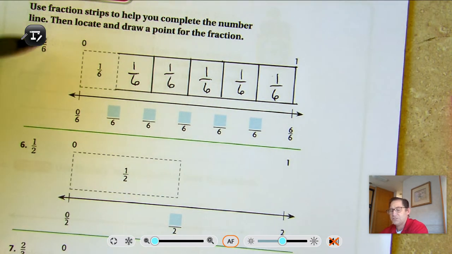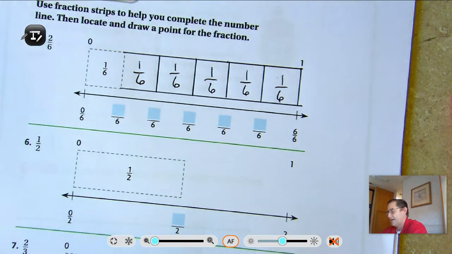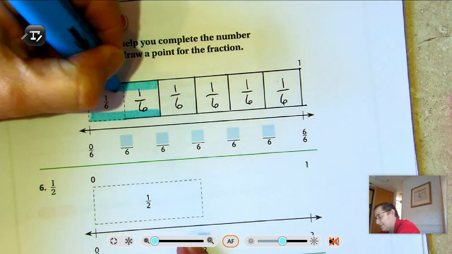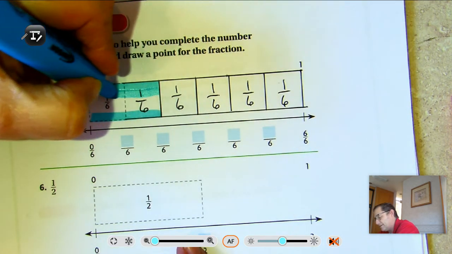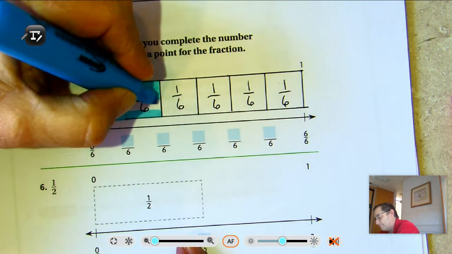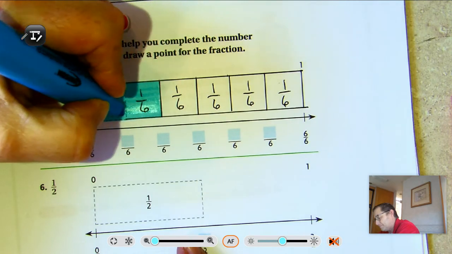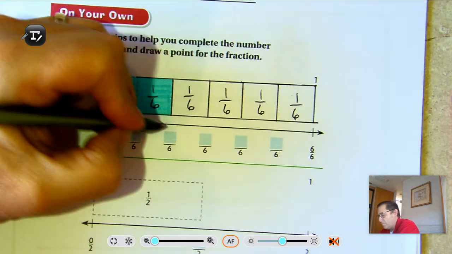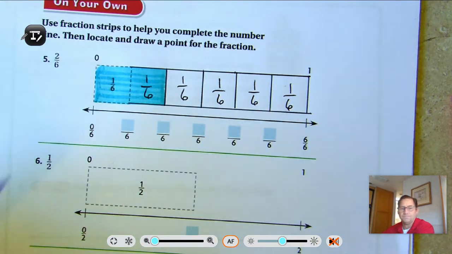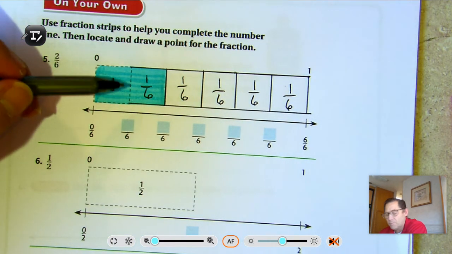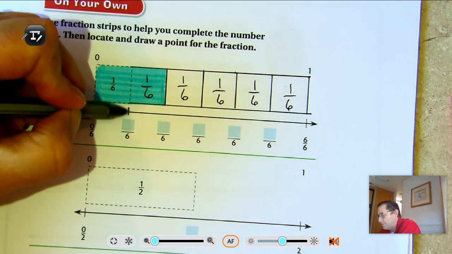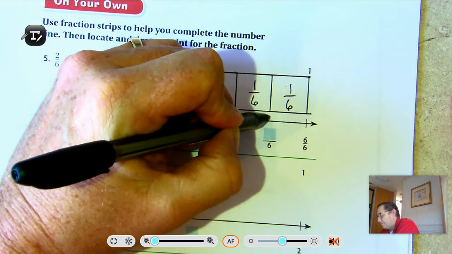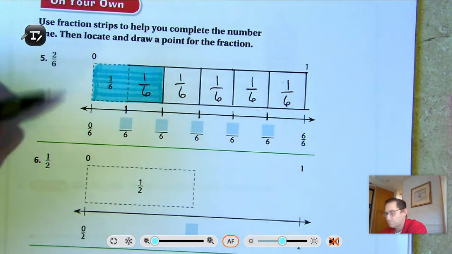All right. And it wants us to find 2/6. So if we were shading that, it would be from 0 to the end of the second 1/6. And so we put a point at the end of each fraction, put a mark on the number line. So there, there, there, there, and the last one's already there.